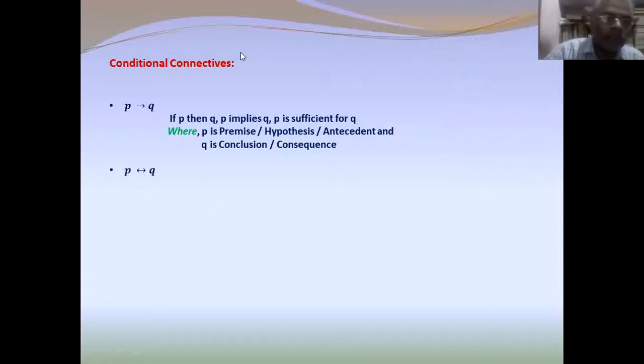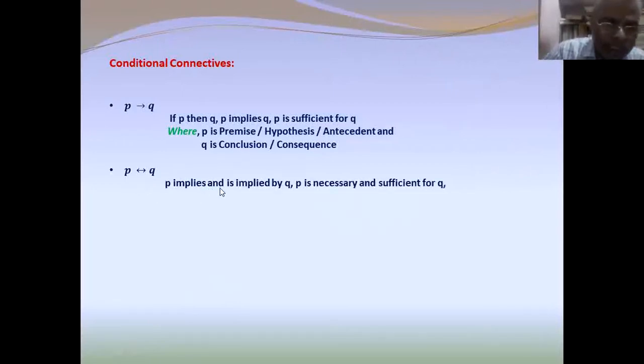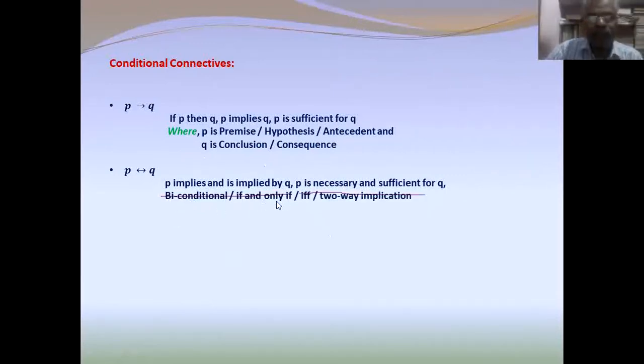Another conditional connective is P double implies Q. It is read as P implies and is implied by Q, and P is necessary and sufficient for Q. It is also known as biconditional, if and only if, IFF, or two-way implication.